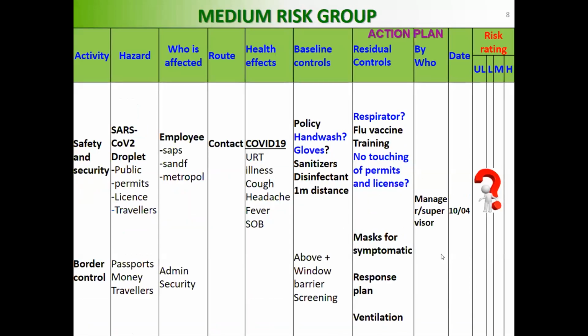Then we look at safety and security. These are your medium risk groups now, based on the definition by the Quaida Act. So you look at your securities, do they need hand wash? As shown in the previous slide, that worker that is on the road doing checks has no access to a water basin there. So you may want to provide them with sanitizers.